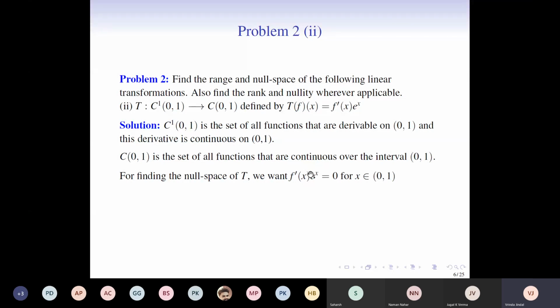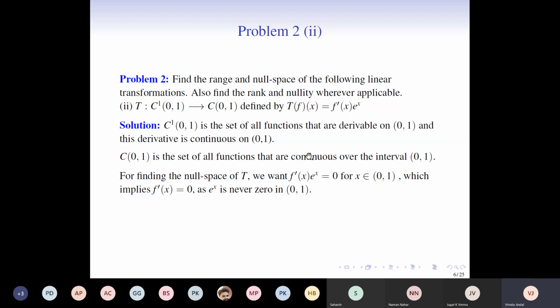This implies that having f dash x into e power x equal to 0 implies that f dash x should be 0. And this is because e power x is never 0 in the interval 0 to 1. It goes from 1 to e, and it is a continuous monotonically increasing function. So e power x doesn't ever attain 0 in 0 to 1.